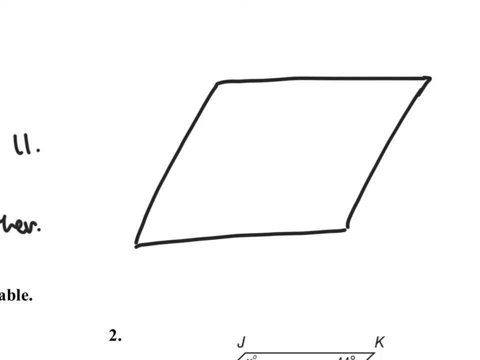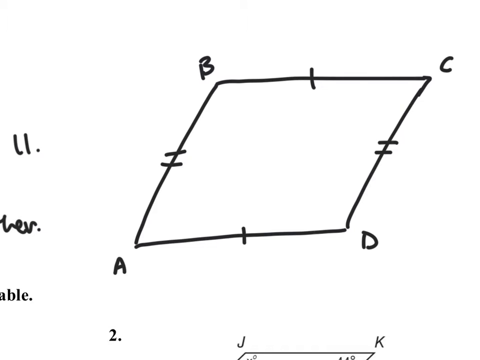So something along those lines. I'm going to name this A, B, C, and D. And I know that AD is going to be congruent to BC. I also know that AB is going to be congruent to CD.